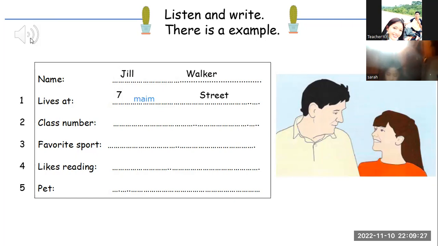I'm in 4B. I've got a lot of friends in the class. 4B. 3. And what about sports? Oh, I love swimming, hockey and basketball. Which is your favourite sport? I love hockey best. Hockey's a good game.